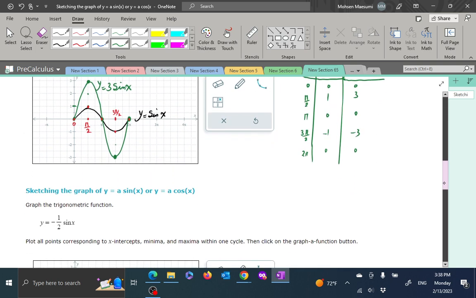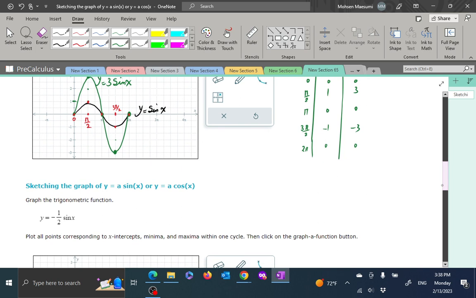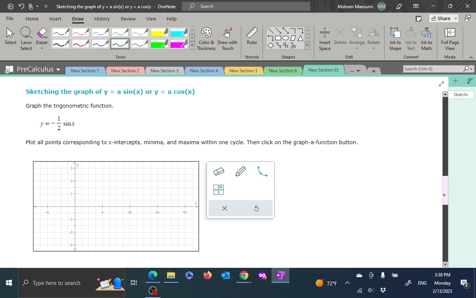And that does it. Okay, how about minus 1/2 sine of x? Well, here we are doing two things. One is shrinking the graph by a factor of 1/2, and the other is that we are multiplying by minus.